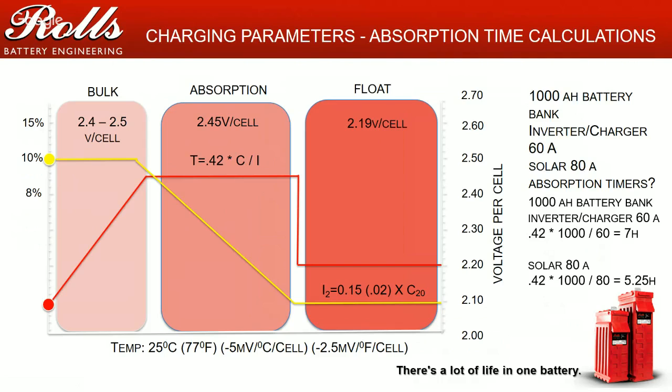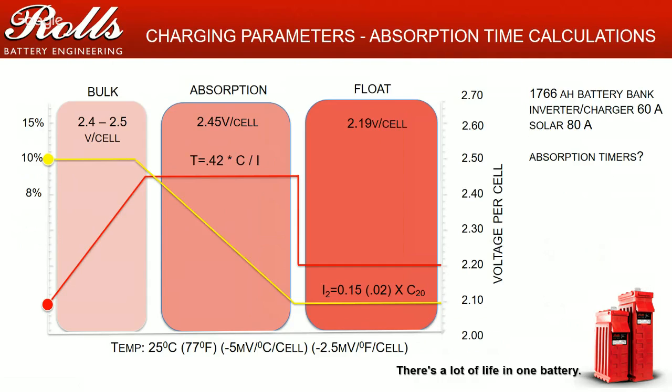The problem is that in most places, that 5 hours is just the absorption time. That does not count the time in bulk. So in most cases, the solar array in this system will not fully complete a full absorption time every day, and then you'll start seeing deficit cycling on the battery bank.